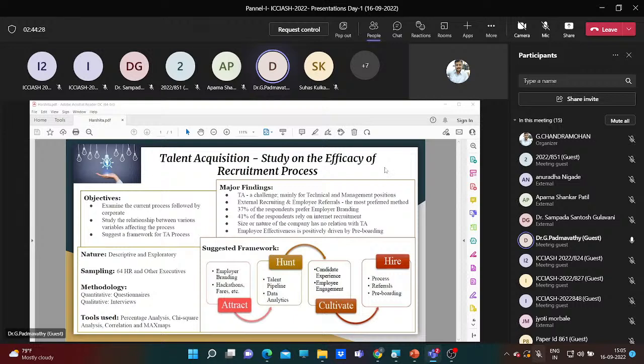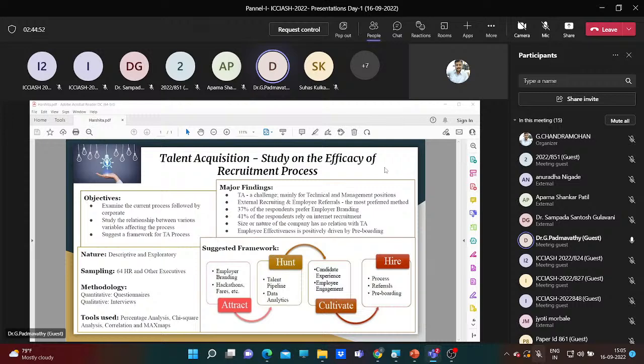And there are a lot of factors which influence talent acquisition, like talent shortage, poor sourcing techniques, poor candidate experience, communication gap between the hiring manager and functional managers, inefficient recruitment process, and inability to use data properly.